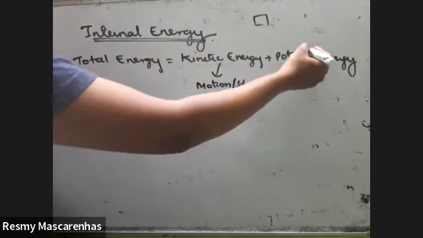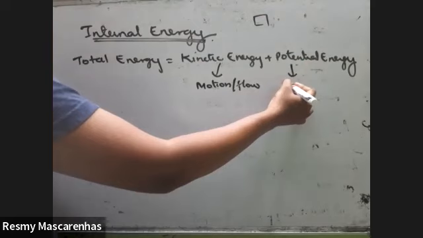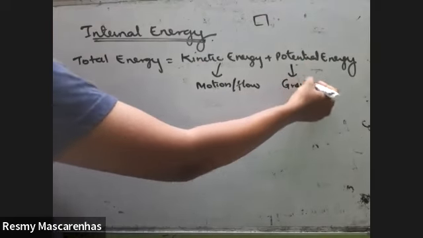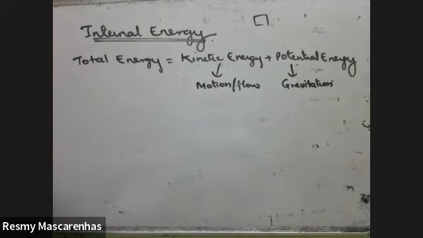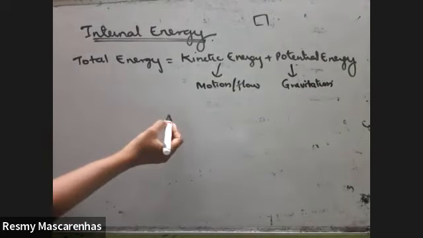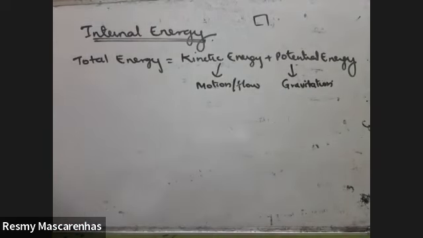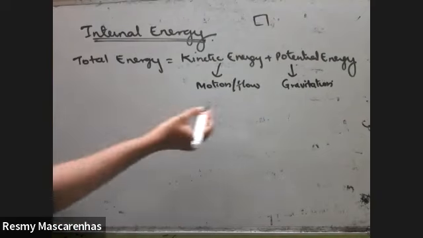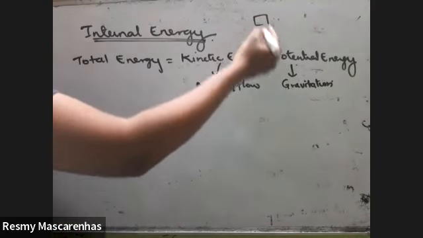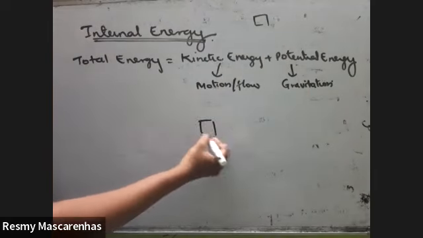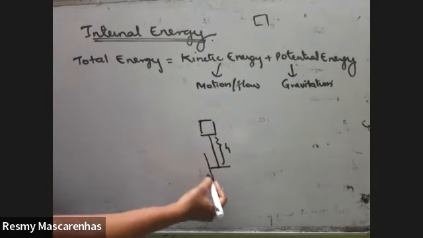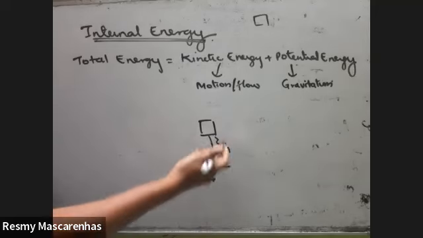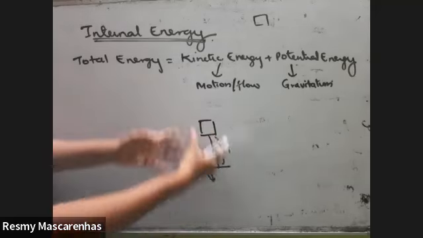Potential energy can be due to various forms. One is gravity, due to gravitation, as long as there's some force implied. Now this force can be in various forms. If you keep a box at a height, what is happening? Gravity is trying to pull it down, so basically it is under some force.